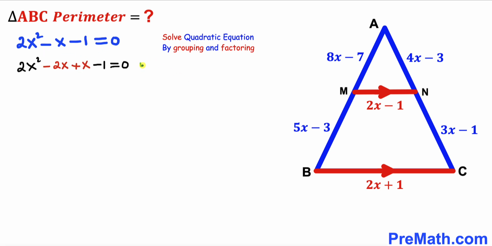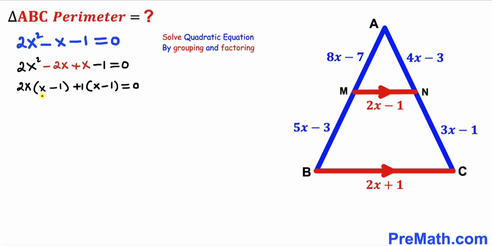As you can see in the next step, I have replaced the middle term by negative 2x plus x. Between the first two terms, 2x is common, and in the last two terms, 1 is common. So I can factor out 2x from here, and we get 2x times x minus 1 plus 1 times x minus 1 equals 0.